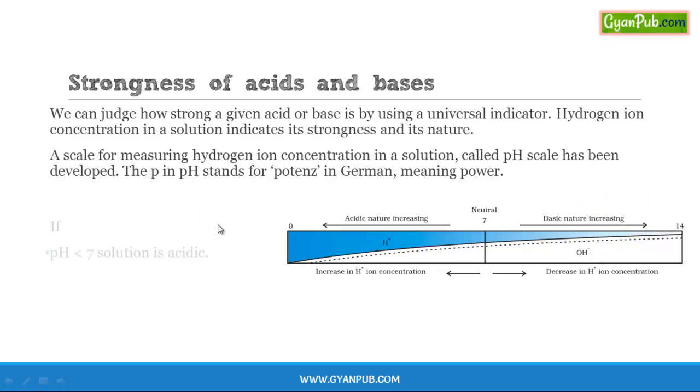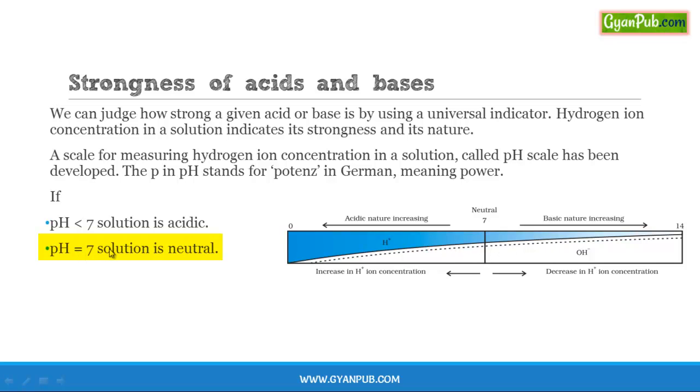At last we can say that if pH is less than 7, then the solution is acidic, where the H+ ion concentration is increasing from 7 to 0. If pH is equal to 7, then the solution is neutral, where the H+ ion concentration and OH- ion concentration are the same, and the substance is neither acidic nor basic.